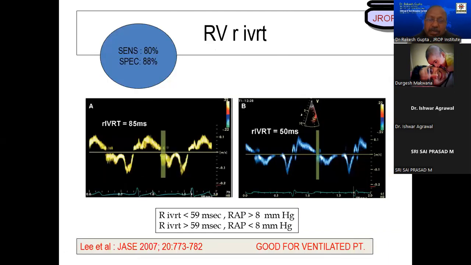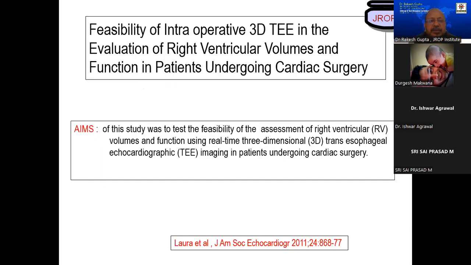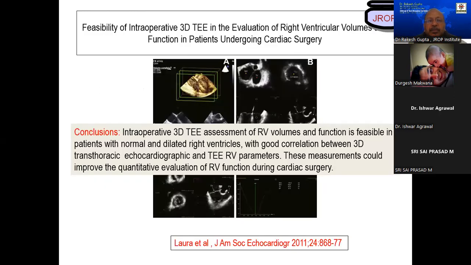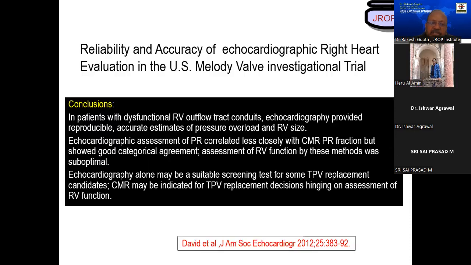And second, we can look at the IVRT of tricuspid flow or RV free wall TDI to calculate RA pressures. Three-dimensional transesophageal study for RV functions.